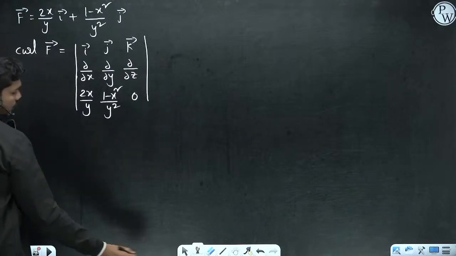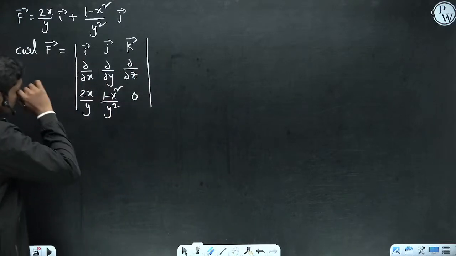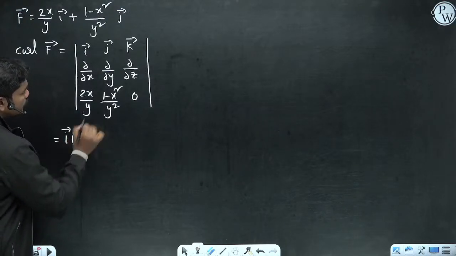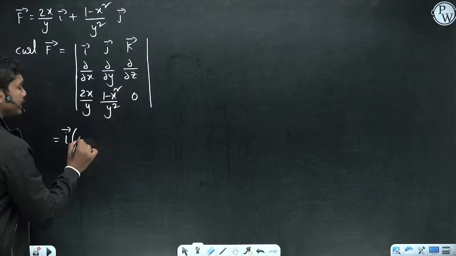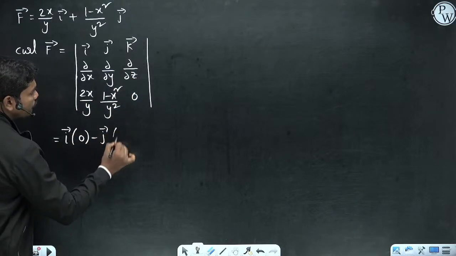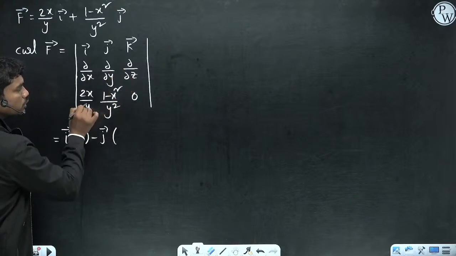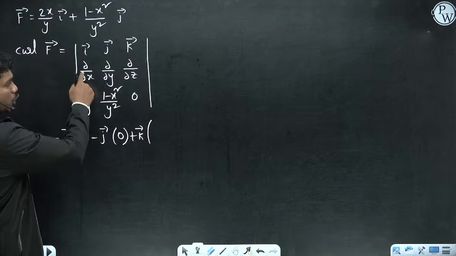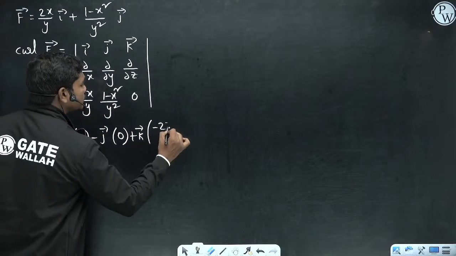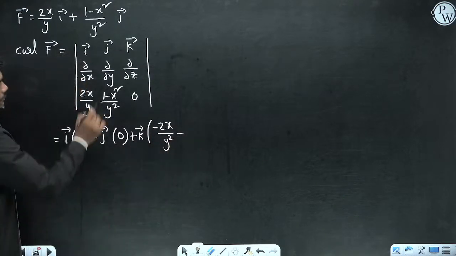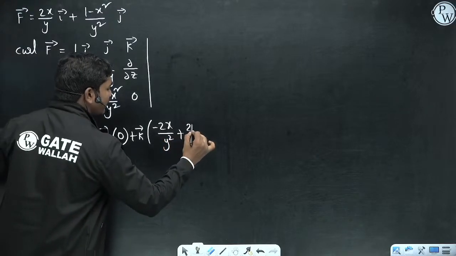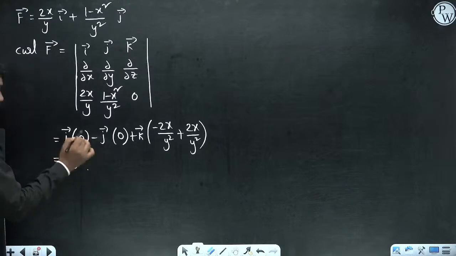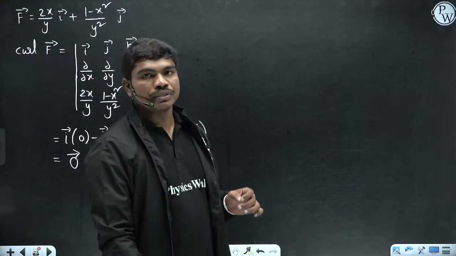Then i bar times dou by dou y of 0 minus dou by dou z of this quantity is 0, minus j bar times dou by dou x of 0 minus dou by dou z of this is also 0, plus k bar times dou by dou x of this quantity, which gives minus 2x by y square, minus the differentiation of the other quantity, which is plus 2x by y square. So this complete expression is actually equal to 0 bar, of course.